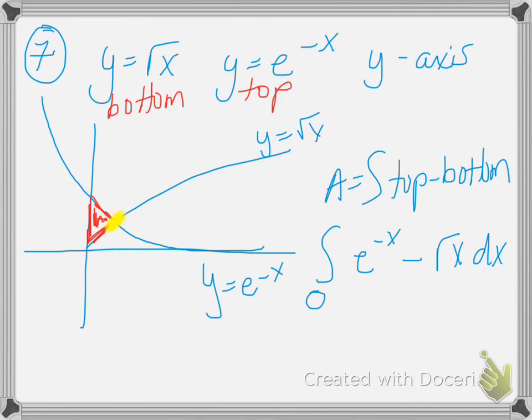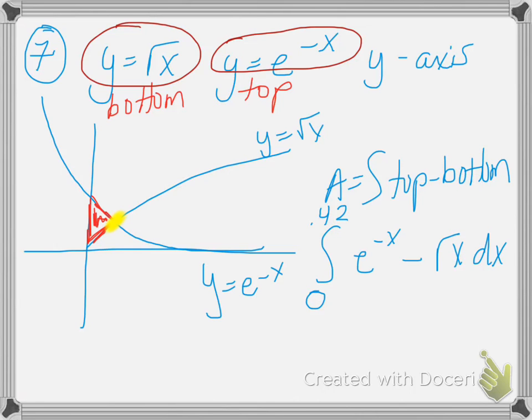So you're going to put this one into y1, you're going to put this one into y2, and then you're going to graph it, and then you're going to go into second calc and choose intersect, and you will find that they intersect at 0.4263.